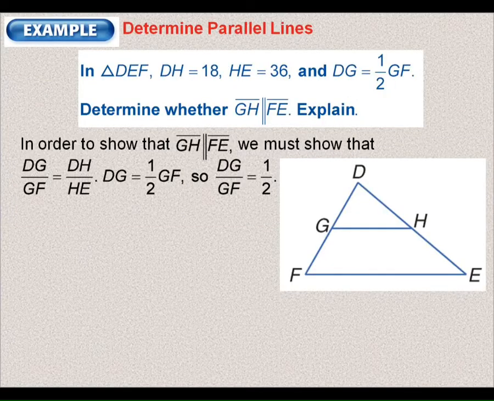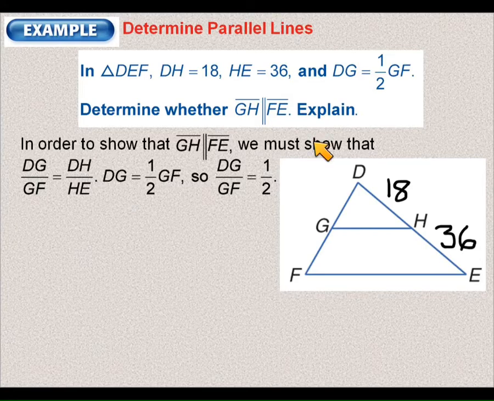So for example here, if you want to determine is GH and FE parallel, are these two lines parallel? We're going to check if these proportions are equal ratios. So what I'm given is that DH is 18 and HE is 36.